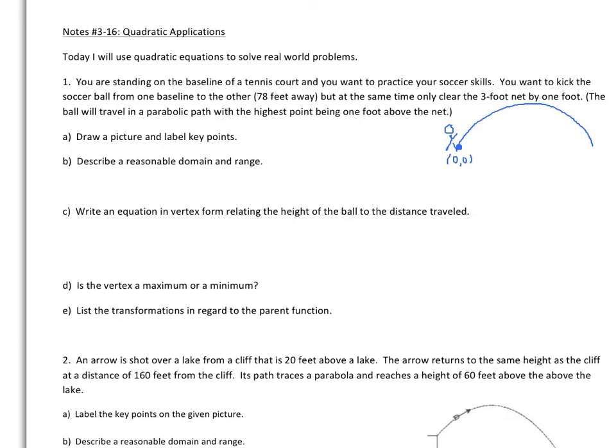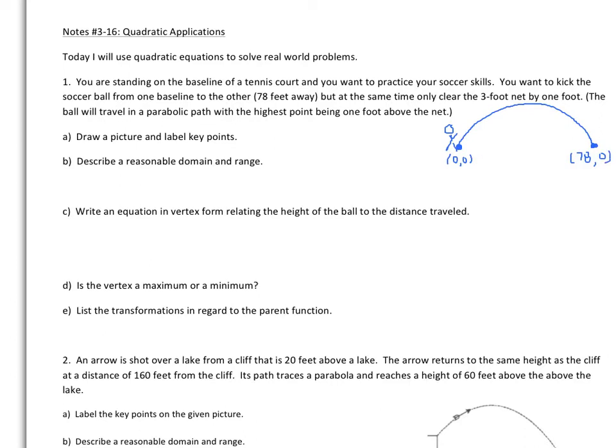So we're going to label this point based off of a coordinate plane. If this is 78 feet away, that's a horizontal distance. So the horizontal distance x is going to be 78 feet. And then the vertical distance, well, it's at the bottom, so that would be 0.